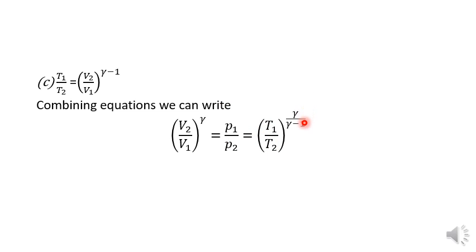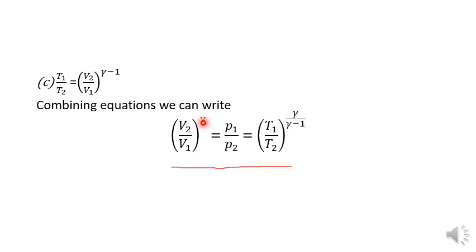If you remember this one, it is very important. If they ask to write the relation between P and T, you can write this one. If the question asks for the relation between P and V, it is P1 by P2 is equal to (V2 by V1) whole power gamma.